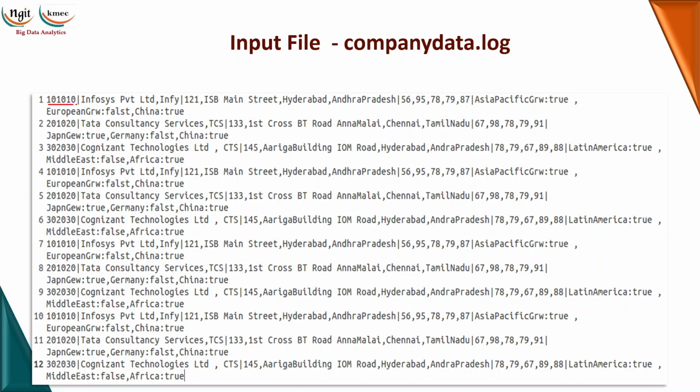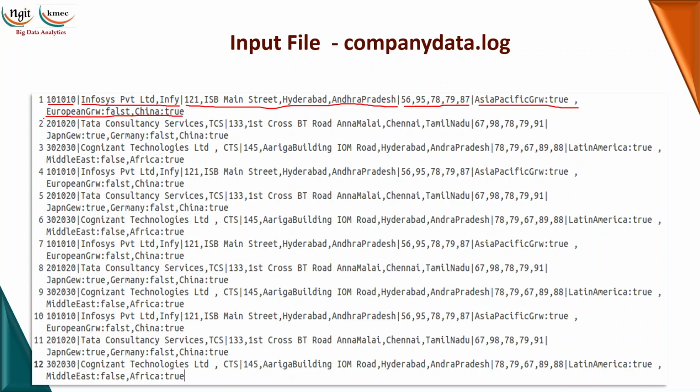First is this value, and then the second column is this, and the third column is this, and the fourth column is this, and the next one is this one. So if you observe how many columns there are: one, two, three, four, five columns are available, five columns.